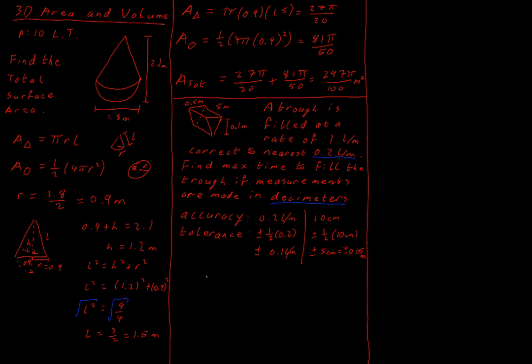So the maximum time to fill up our trough is going to happen when we have the biggest possible container filling at the slowest possible rate. So what we're interested in is the maximum volume and the minimum flow.